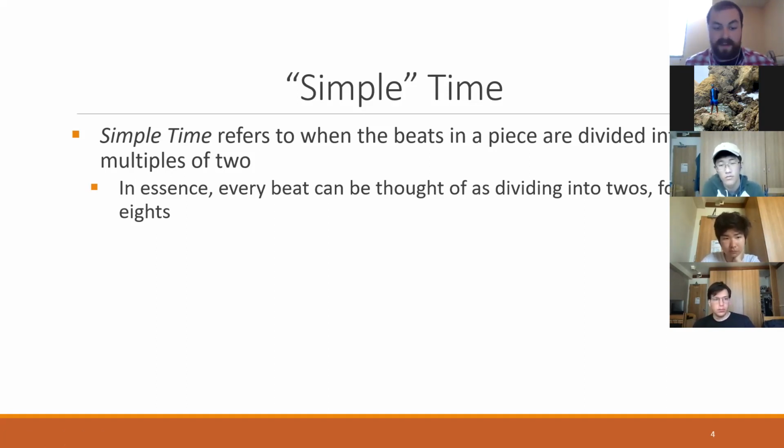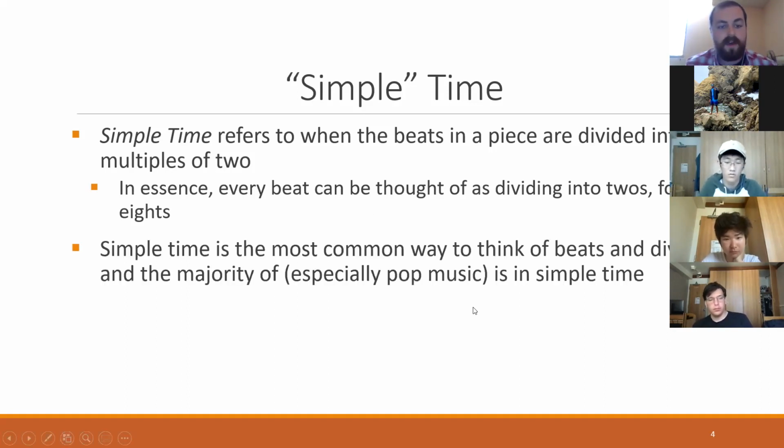That's just dividing one beat into 4, so to speak, or into 4 divisions. Simple time is the most common way to think about beats and divisions, and especially pop music is primarily in simple time. You find other varieties in classical music and some other types of musics, but especially in pop music and rock music, simple time predominates.